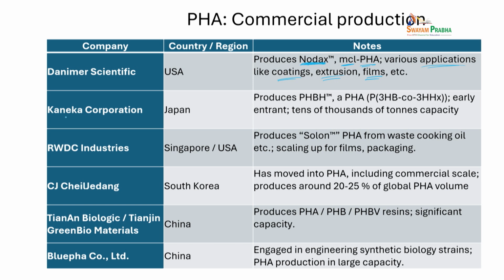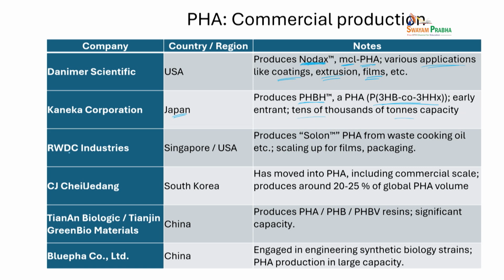And Kaneka Corporation in Japan is producing PHBH. It's basically a copolymer of P3HB and 3PHHx, and it has a production capacity of some tens of thousands of tons.